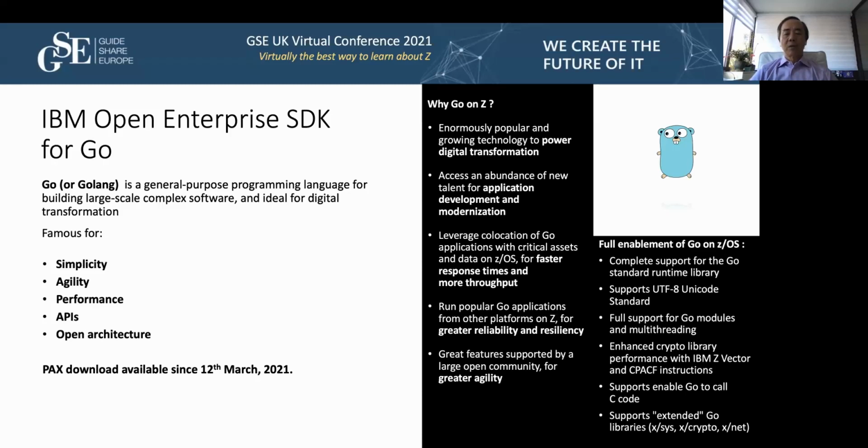We also enhanced support for the IBM Vector and the crypto libraries as well. This is our first delivery, but we are going to be staying on top of the community as well. This implementation is based on version 1.16, and 1.17 is currently what we're working on.